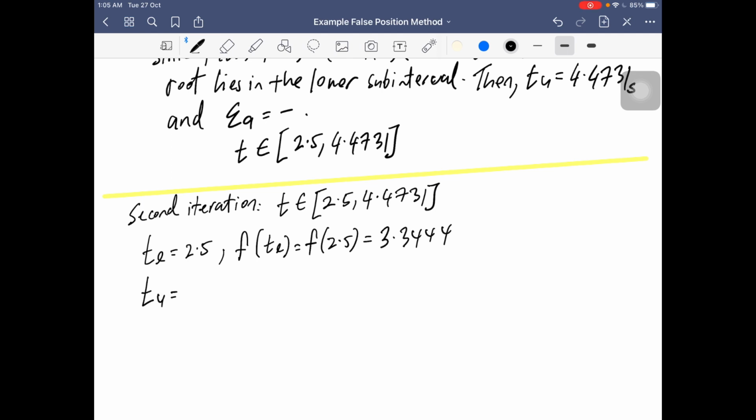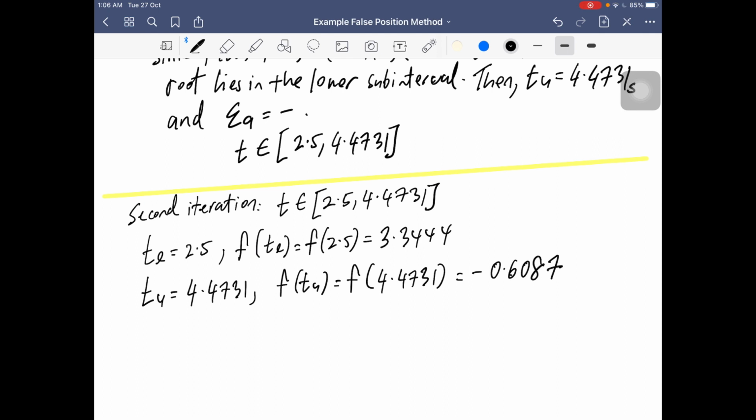Okay, now our TU is equal to 4.4731, then FTU is equal to the value of the function when we substitute T with 4.4731, so we already calculated this, okay, which is equal to negative 0.6087. Right.